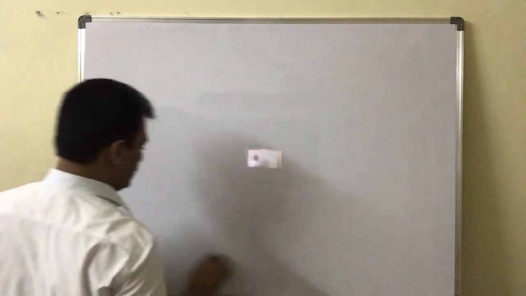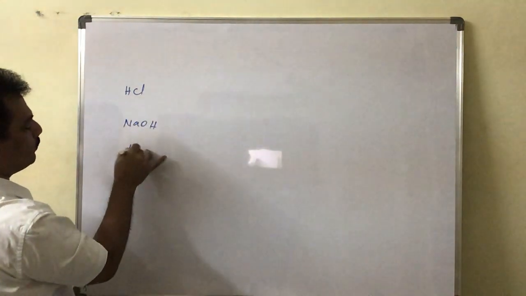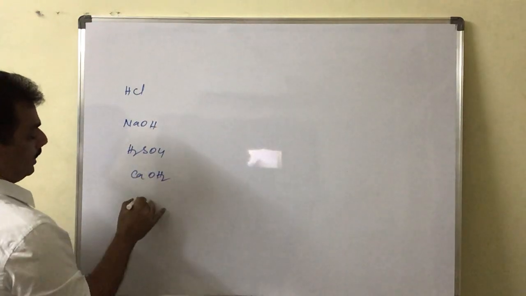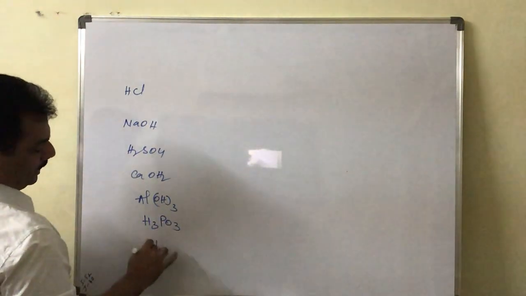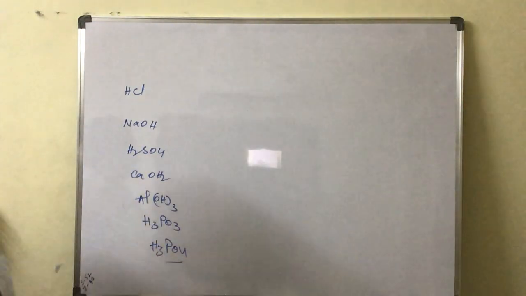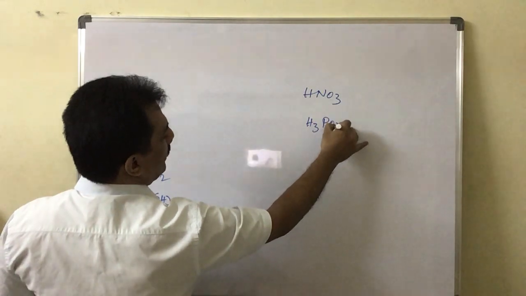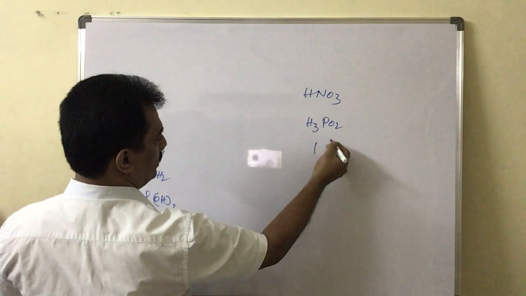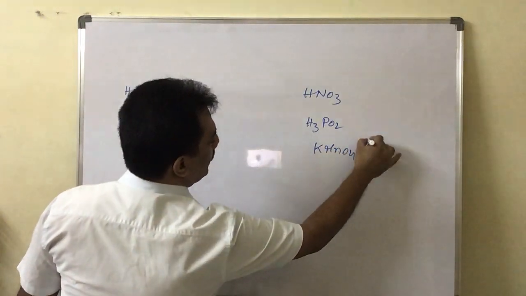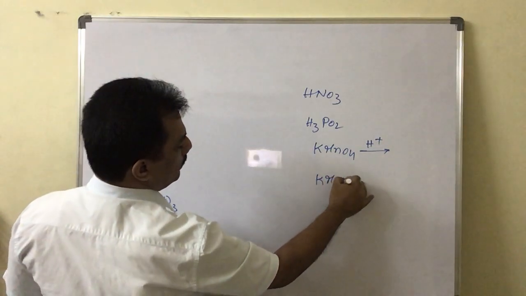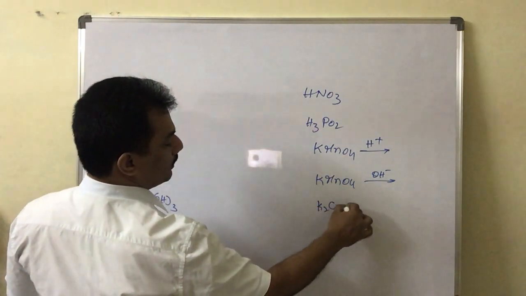Let us consider them. For example, HCl is given, NaOH, H2SO4, Ca(OH)2, Al(OH)3, H3PO3, H3PO4, HNO3, H3PO2, then KMnO4 in acid medium, KMnO4 in basic medium, or K2Cr2O7 in acid medium.